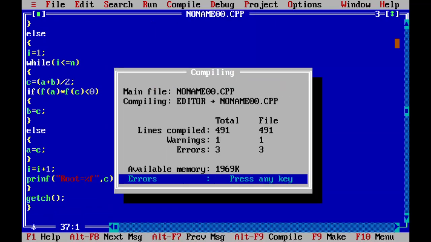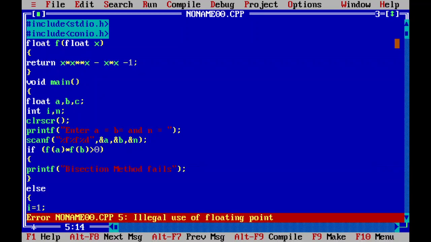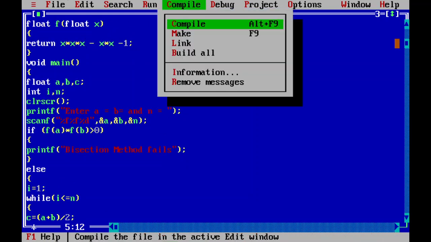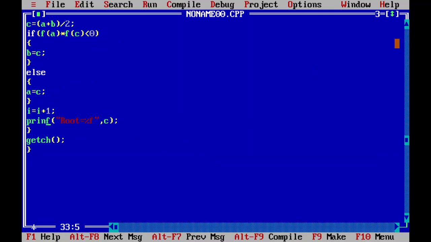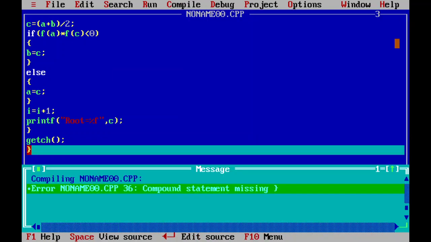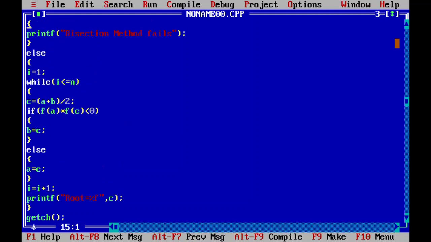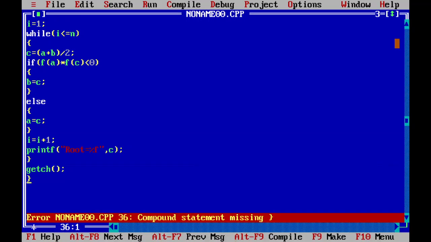So if we compile this, there is one error: compound statement missing.